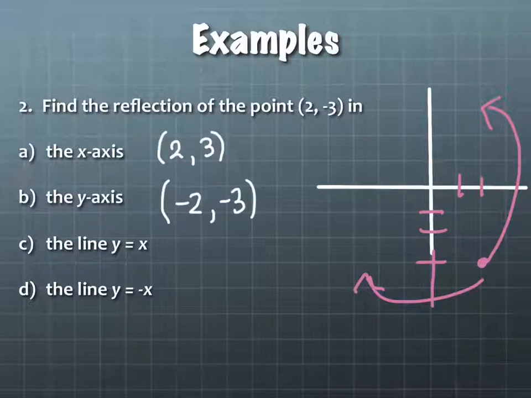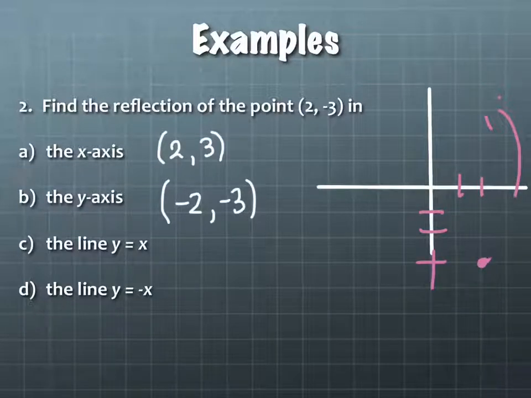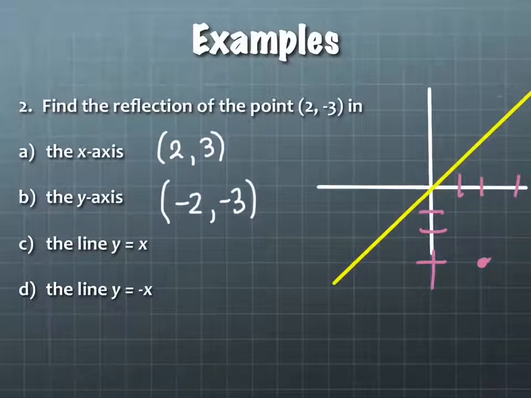Now, reflecting over the line y equal x is a little bit harder to do visually, but at least we can see approximately what would happen. So here's my line y equal x. Approximately like that.